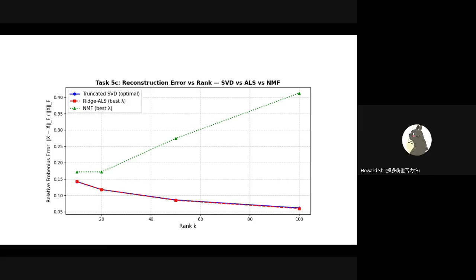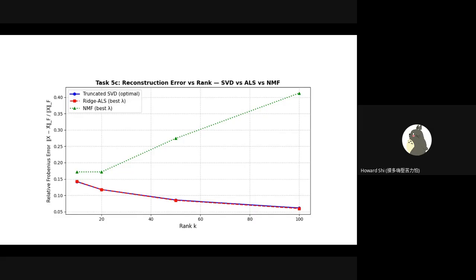Okay, so both curves of SVD and ALS decrease as K grows, which is expected. More components means better reconstruction. SVD and ALS are nearly indistinguishable on the plot, which visually confirms that well-tuned ridge ALS is competitive with the optimal SVD approximation.